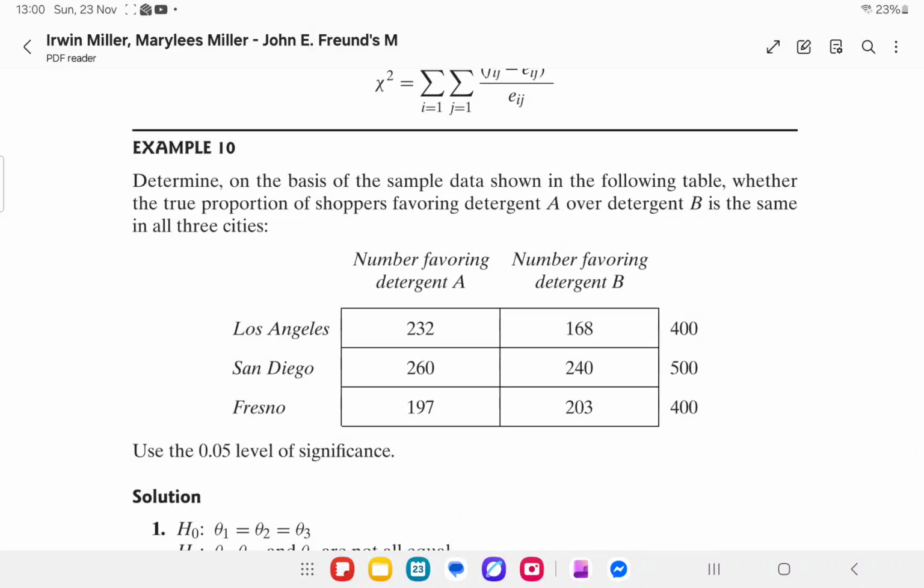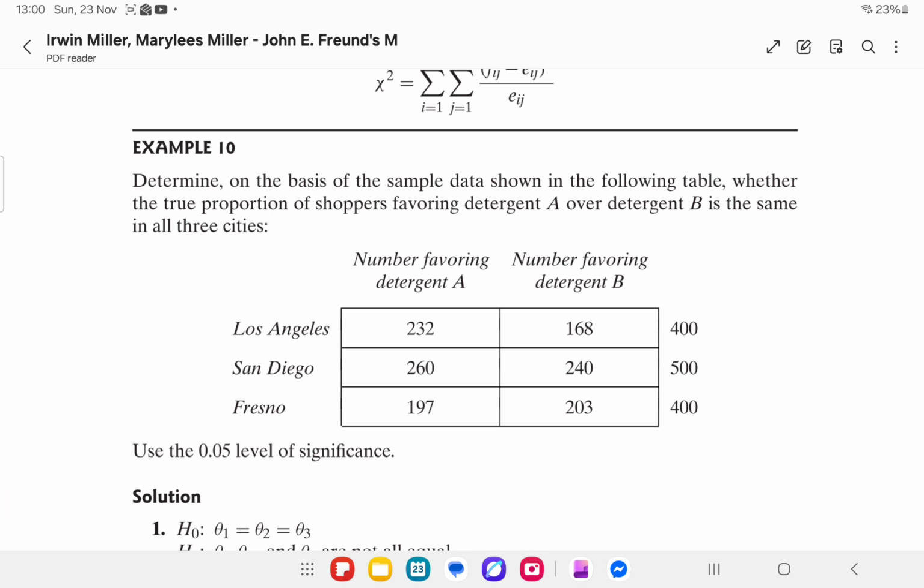Determine on the basis of the sample data shown in the following table whether the true proportion of the shoppers favoring detergent A over detergent B. So there are two detergents, A and B, and the shoppers, basically the people who buy the detergent for their use. They wanted to see the proportion of the shoppers favoring detergent A over detergent B.